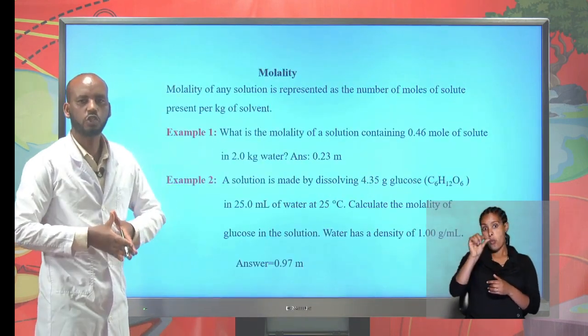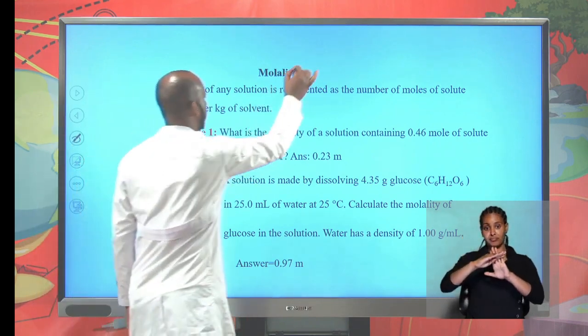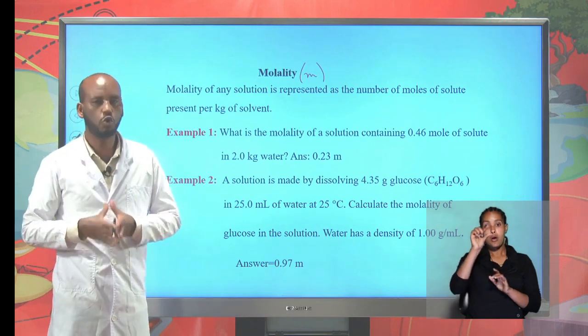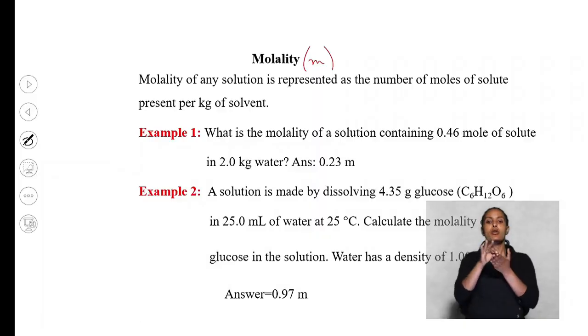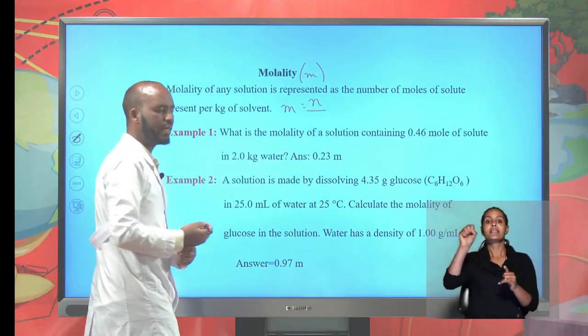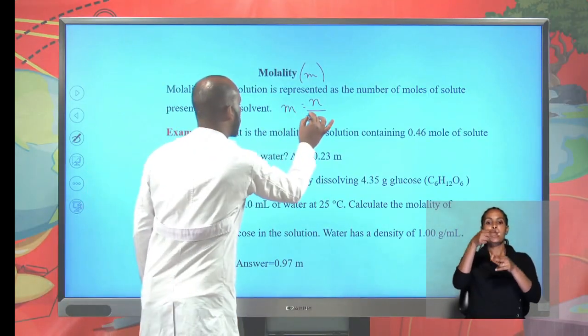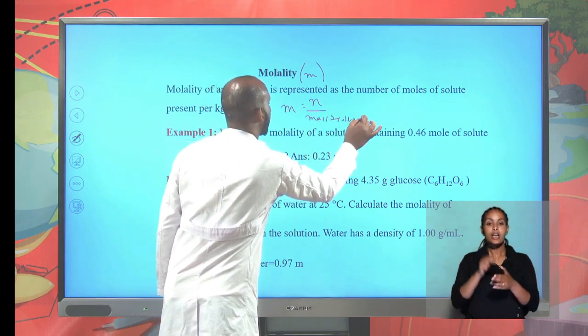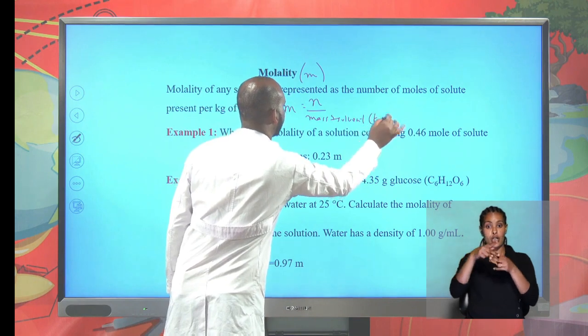Molality, denoted by the symbol small m. Molality of the solution is number of moles of solute per kilogram of solvent. Therefore, molality, small m, equals number of moles of solute divided by mass of solvent in kilogram.